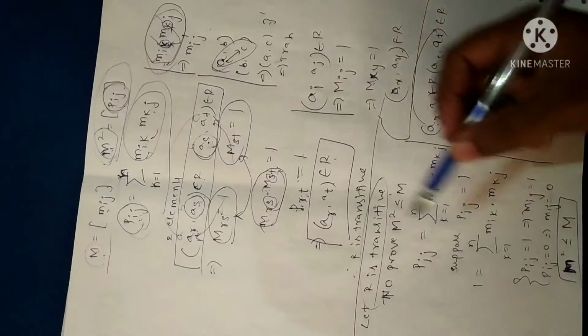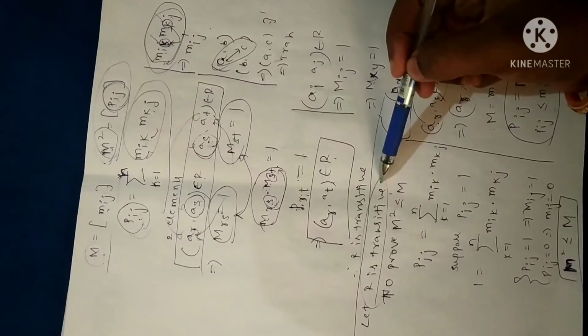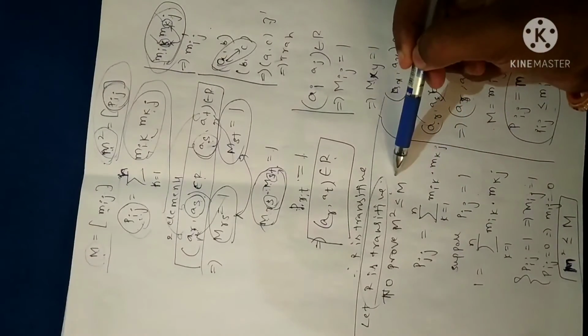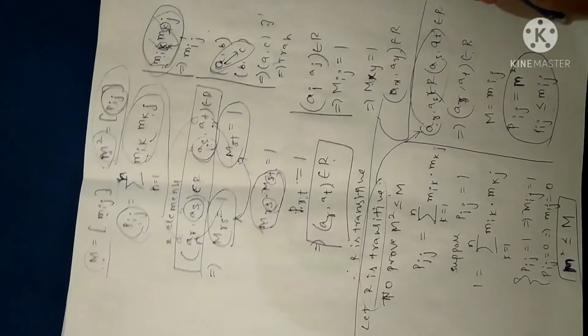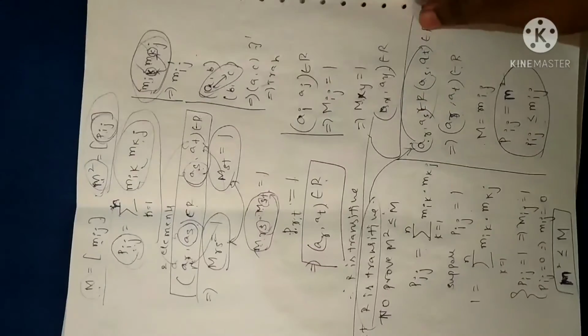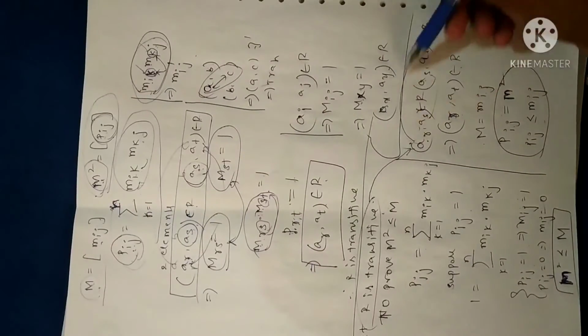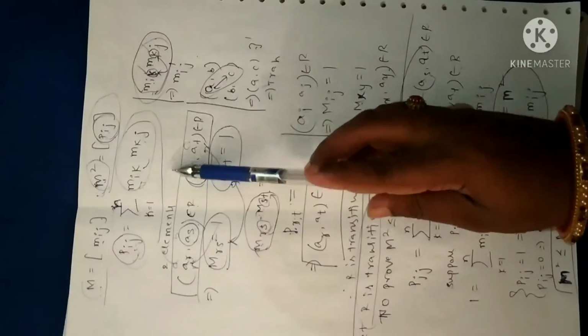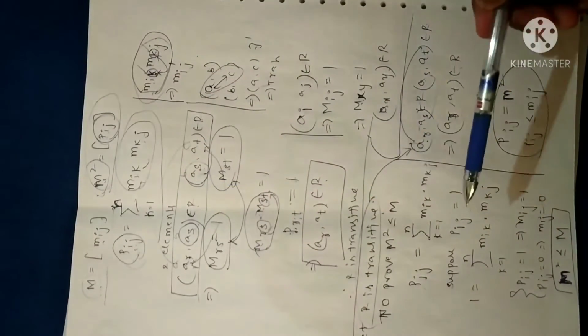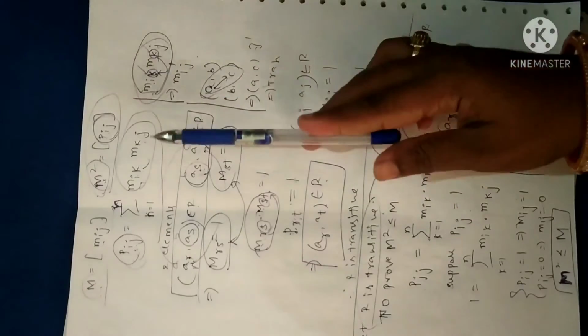I am repeating this once again. I have assumed R as transitive, and I have to prove M square is less than or equal to M. Since R is transitive, I have written the definition of transitivity: (a_r, a_s) and (a_s, a_t) belong to R, then (a_r, a_t) should be in R. Now I have already chosen Pij as the product of Mik and Mkj. Pij is an element of M square.